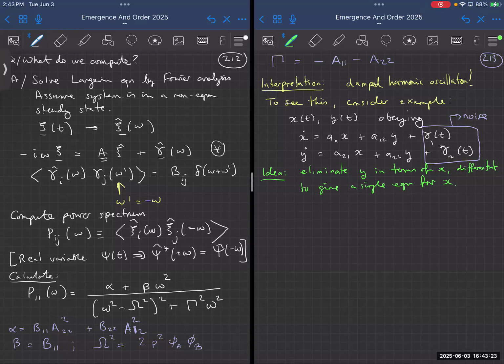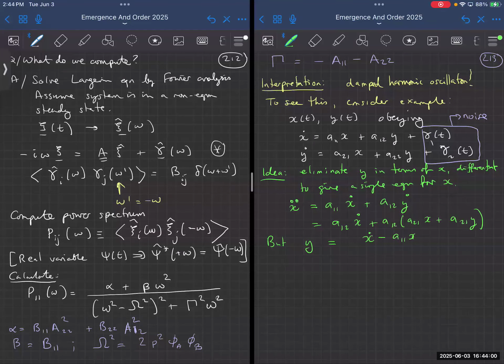So let's just see how we would do that. If I take the x equation and differentiate that, it looks like x double dot is a11 x dot plus a12 y dot. So that's true. Now I can substitute in the equation for y dot. So that is then a11 x dot plus a12 a21 x plus a22 y. But then I also know that y is equal to x dot minus a11 x over a12.